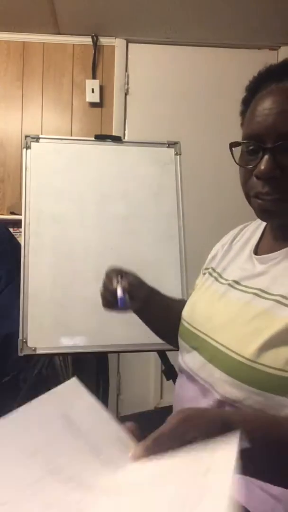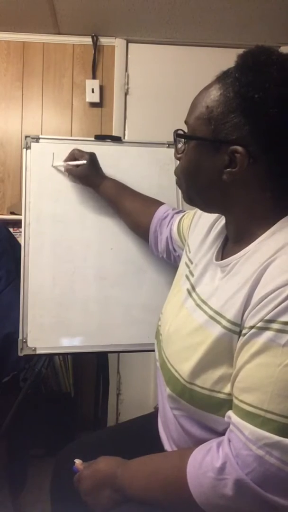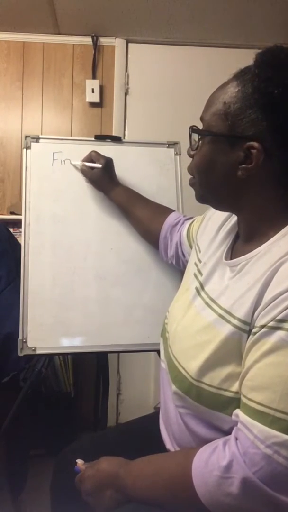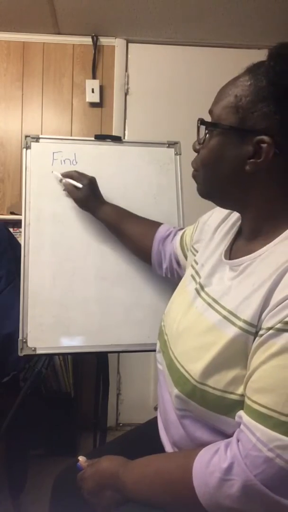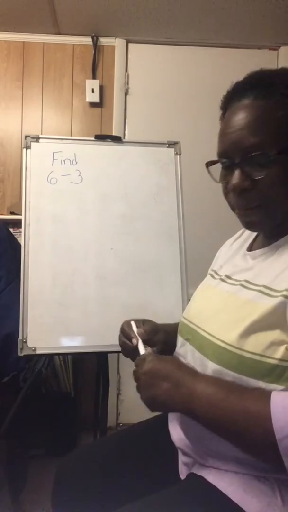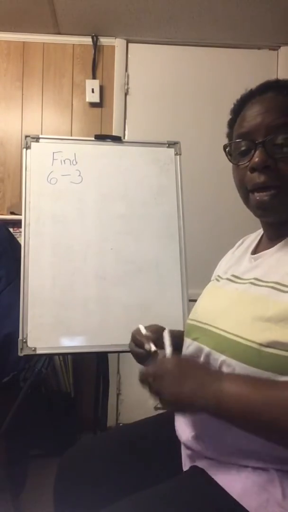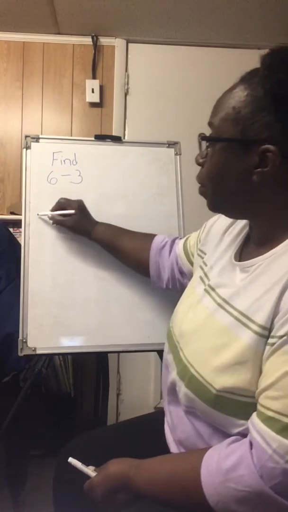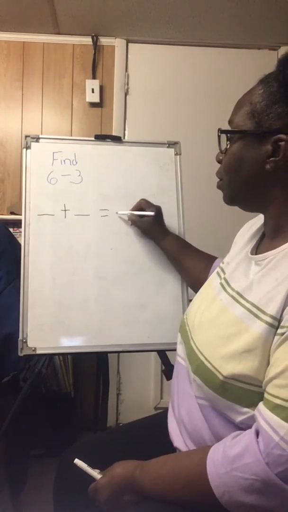Complete the subtraction equation. Okay? So what we want to find is, right, 6 minus 3. But in this one, it gave us a lot of empty blanks. So blank plus blank equals blank.